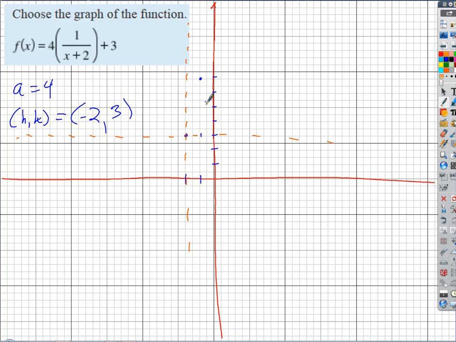So we're right there. And so that's just kind of the one point that we have to give us an idea roughly what that graph's gonna look like. We go back 1, down 4. So about there. And there's our graph. Okay.